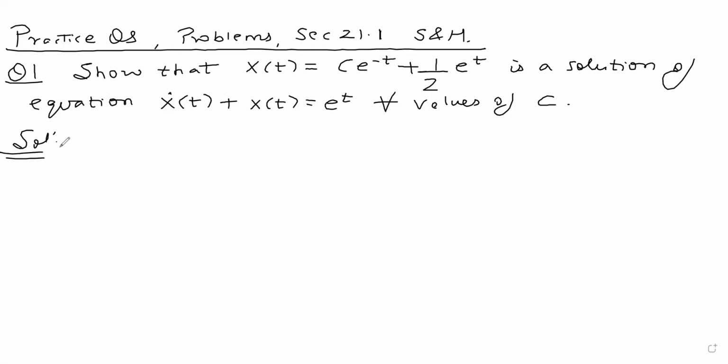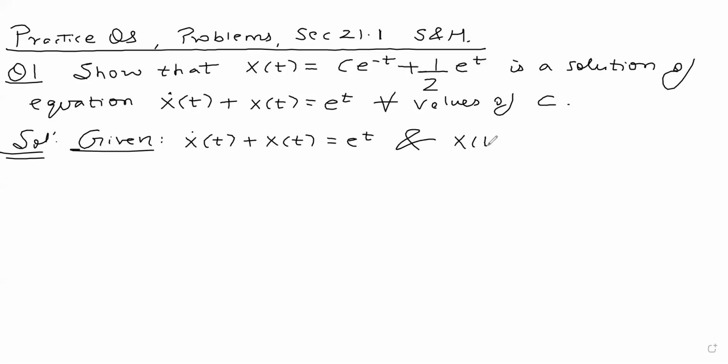So guys, we are given the differential equation. What is the differential equation? x dot t plus x as a function of t equal to e to the power t, and we are given the solution.